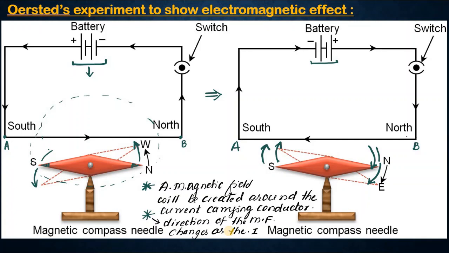This is a very important information given by Oersted, and this conclusion led to a new invention in the field of magnetism, and that is called electromagnetism. With the help of that, today we have developed so many devices, equipments, and machineries which work on the principle of electromagnetism.